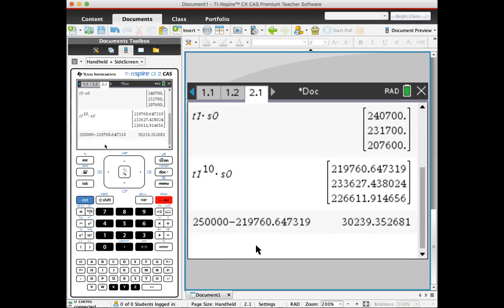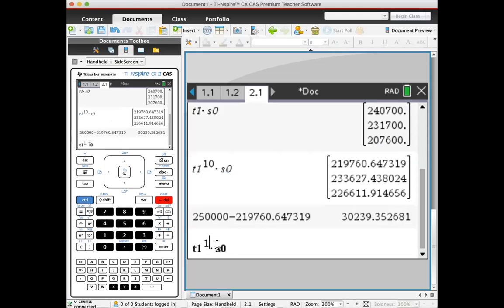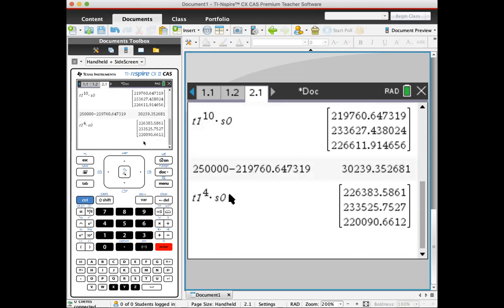Then the next part of the question wants us to find the week number to achieve the maximum number of shoppers in Grand Mall. So it's between the 4th and the 10th week. So let's have a look. The 4th week will be T1 to the power of 4 times S0. Okay, Grand Mall, which entry is that?